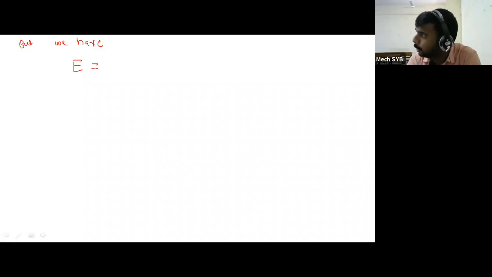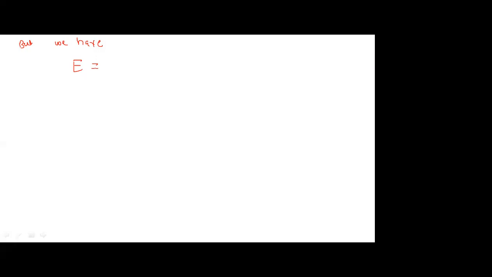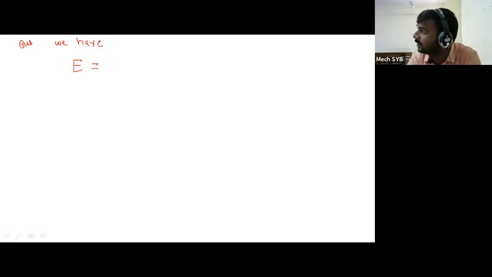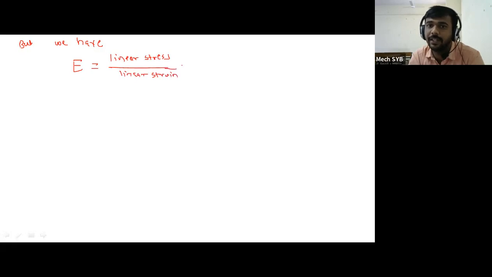But for Young's modulus, which type of stress and which type of strain? Whether shear stress is there, whether volumetric stress is there, then which stress? Linear stress upon linear strain. Look, linear stress upon linear strain. Then with what do we indicate linear stress? Sigma, and linear strain small e.